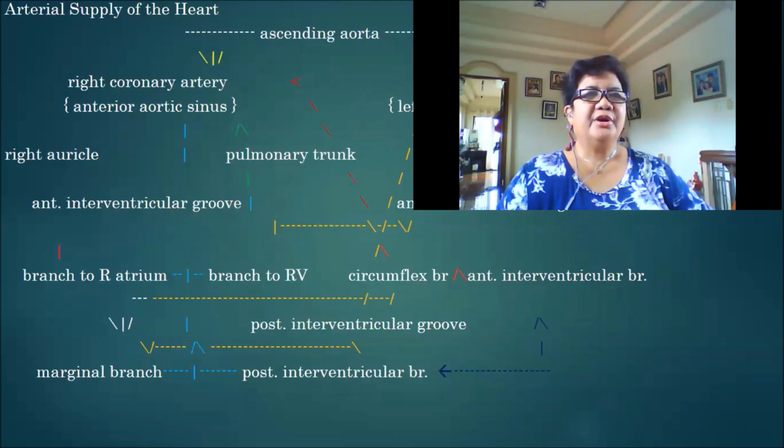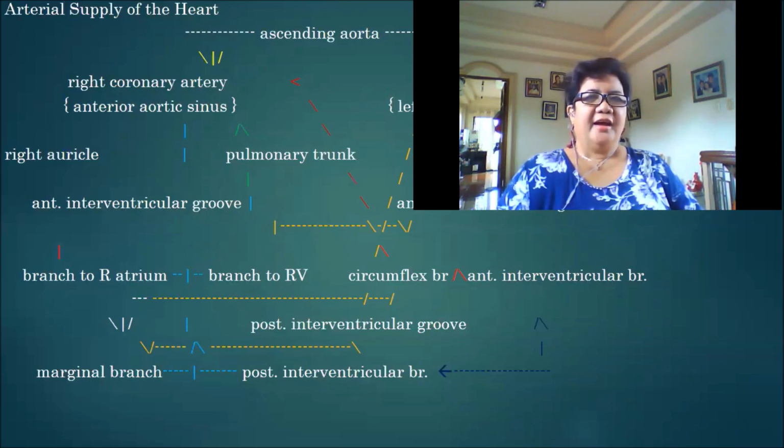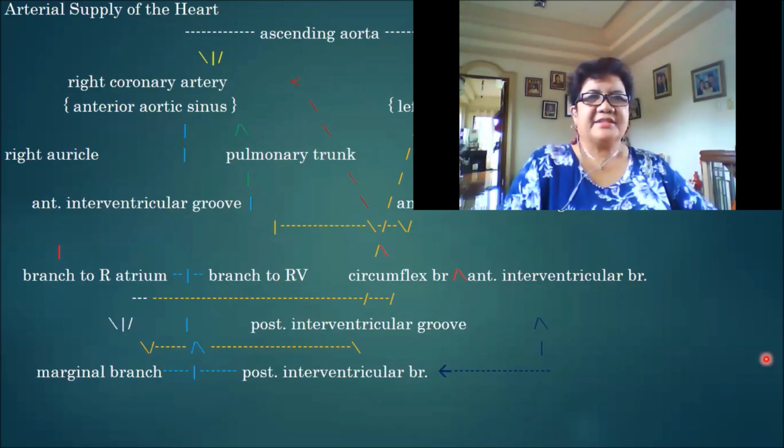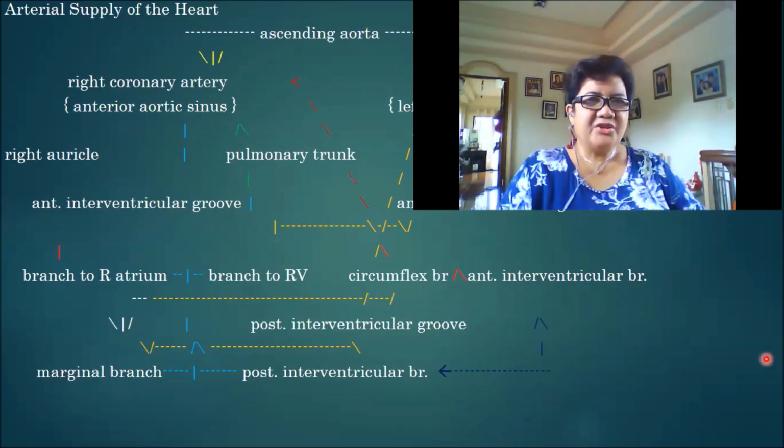So your arterial supply of the heart is made up of end arteries. If you remember, and if you read your Snell in the introduction of the blood vessels, there was a mention of types of end arteries.